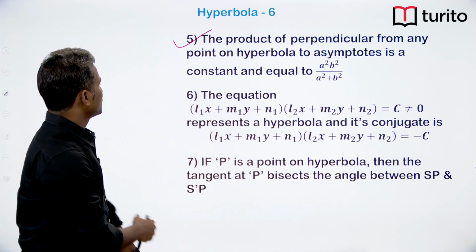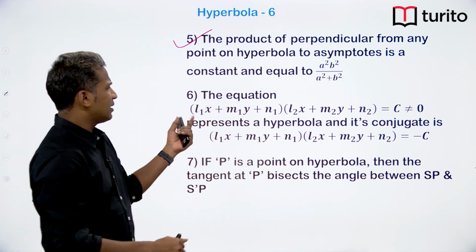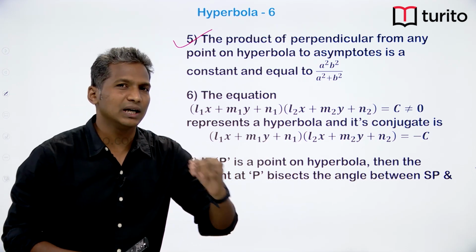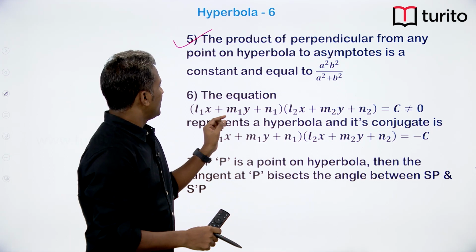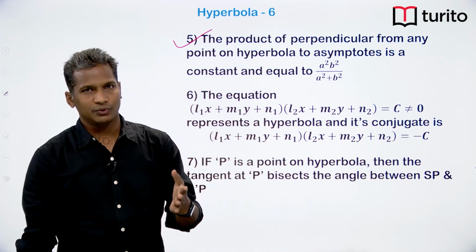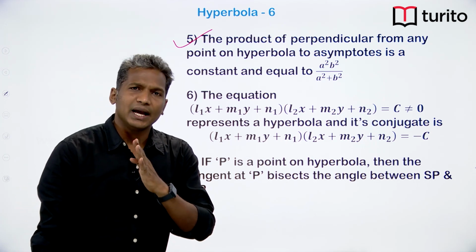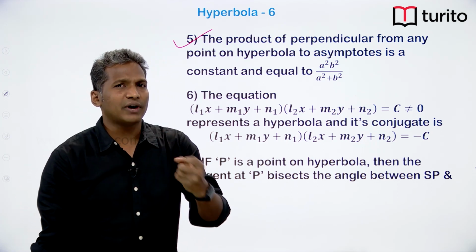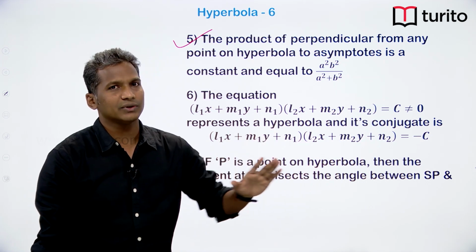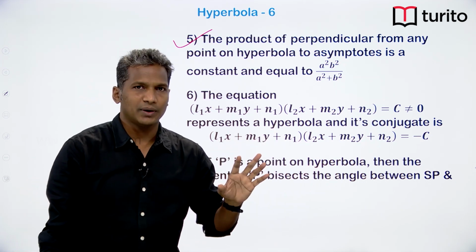Okay. So now the next property is this, which we have already learned in the second lecture or third lecture. If 2 lines L1 and L2 are given as asymptotes, and you are interested in finding the equation of the hyperbola, then L1 into L2 equal to constant will give you the equation of the hyperbola.